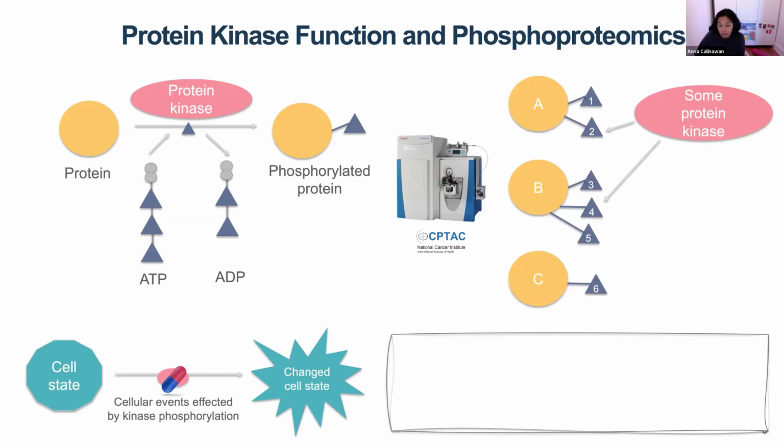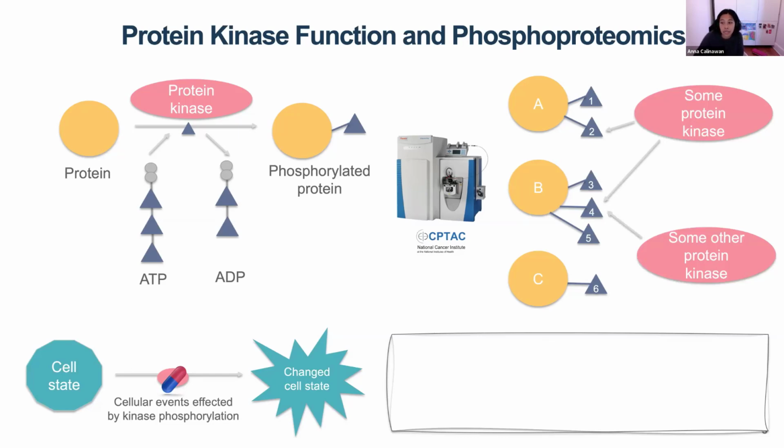This is cool because that means we have these phosphoproteomic profiles across multiple cancer types, but what we get then is sort of a snapshot in time of the phosphoproteomic state of the cell, and it's not necessarily the ideal indicator for kinase state. Part of that is because you have some protein kinases that can phosphorylate multiple substrates, or you have, for a given substrate, multiple protein kinases that can phosphorylate it.